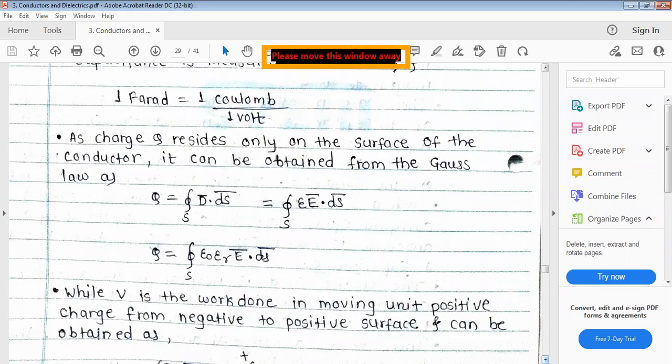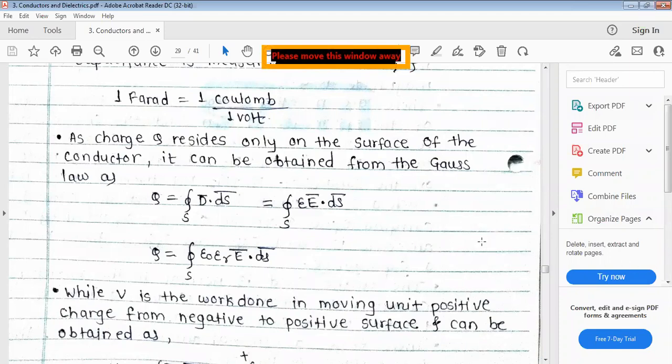We know the potential V. What is the formula for V? What is potential V? We have seen in the last chapter that V is equal to W upon Q. This is nothing but the work done.